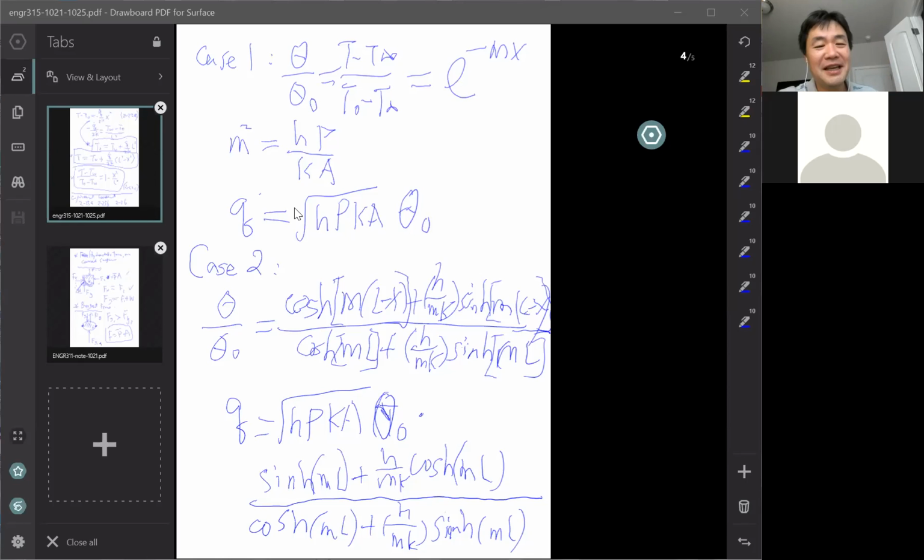Since the problems here are more complicated, we skip all the derivation, where the equation comes from and why it looks like this. This part is too complicated, let's leave it to graduate school. But we have too many equations here, so please fully understand what each equation is for, what the conditions are, and what applications you can use them for. For example, here, case 1, case 2, case 3.